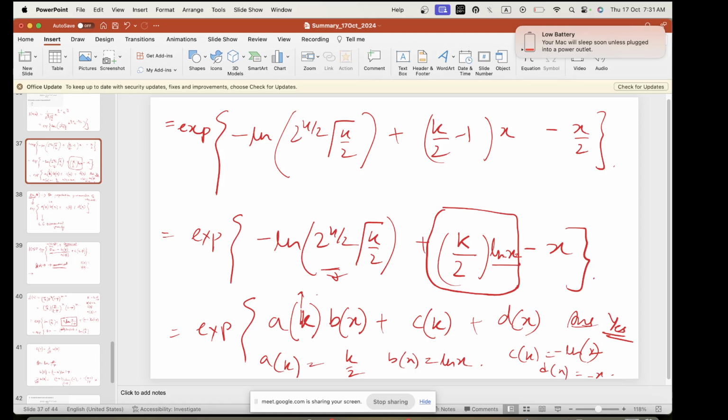So here should be a(theta) b(x). If a(theta) equals theta, we can say that it's in its canonical form. Alright, because that's a specific case, I don't think everywhere it is going to work.